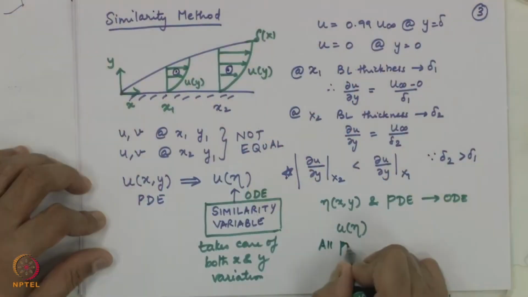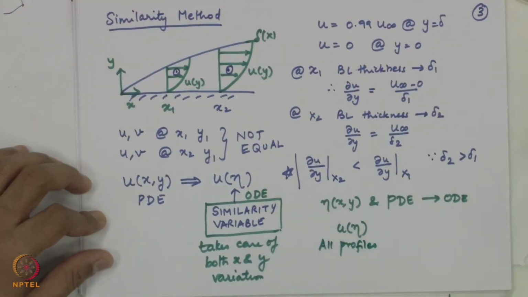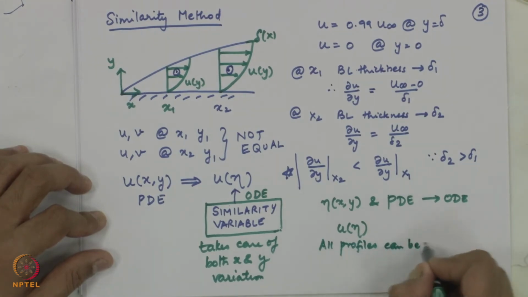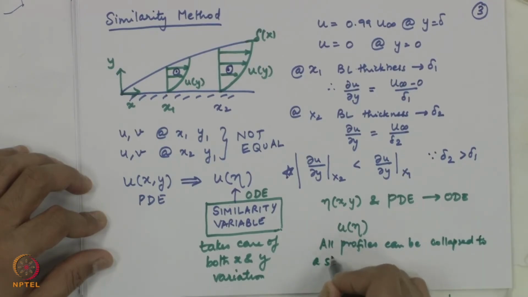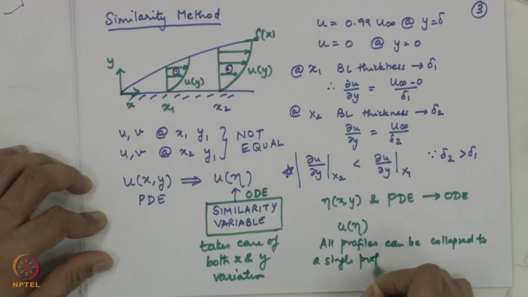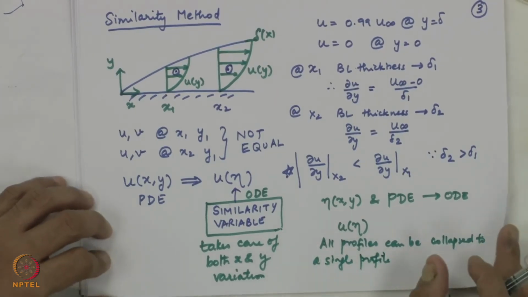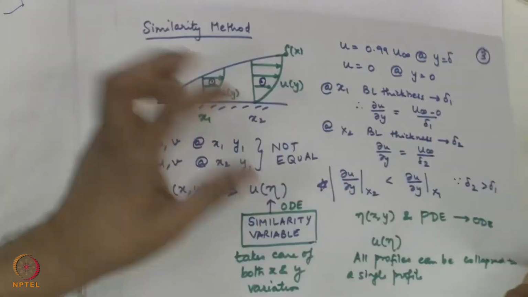All profiles can be collapsed to a single profile. This is the beauty of the similarity method. So, with this philosophy or background in mind, we will start with the actual derivation.